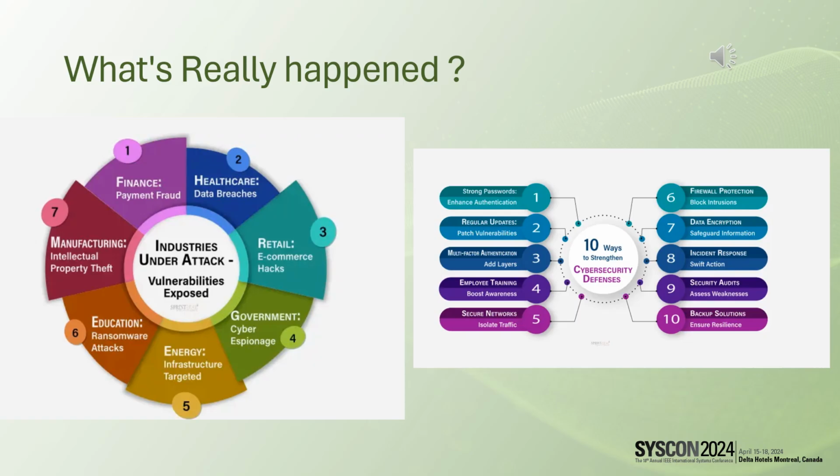On the left, we can see a circular diagram labeled industrial under attack for the vulnerabilities exposed. This part of the image outlines 7 sectors, each associated with a particular type of cyber threat. So you can see, for example, the finance.